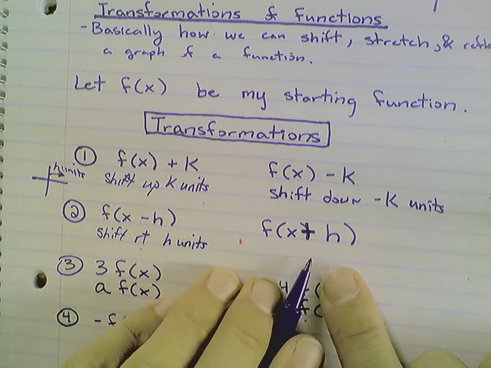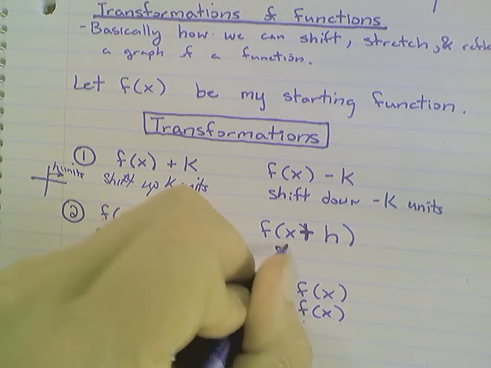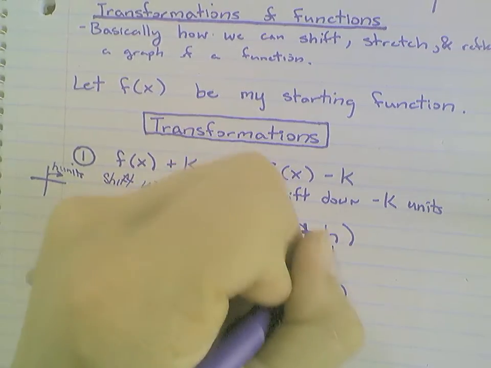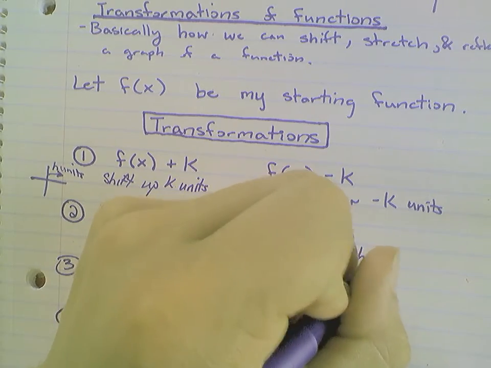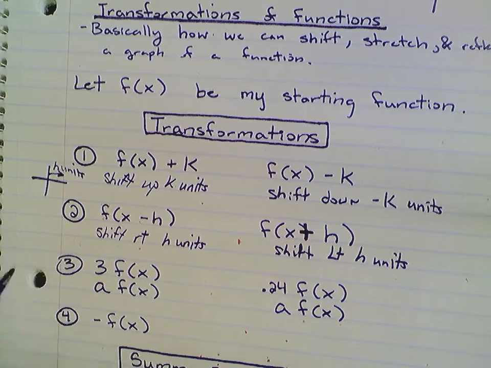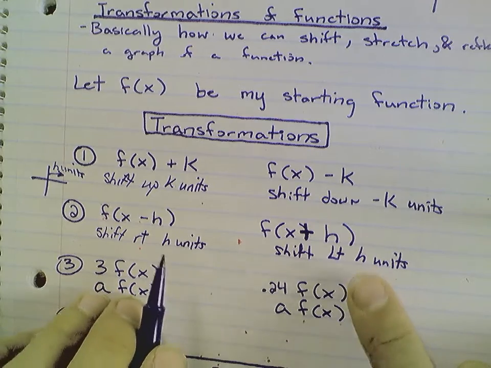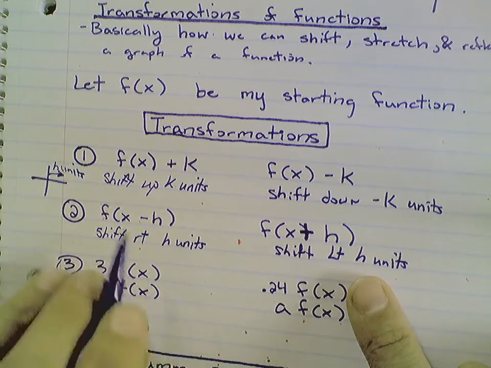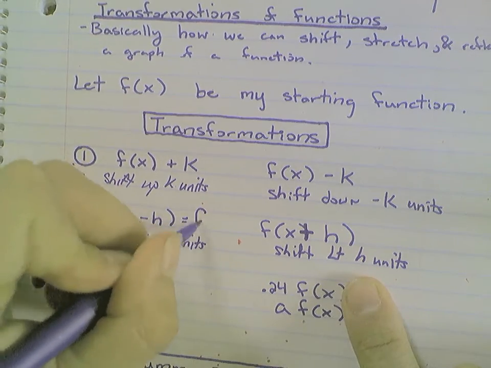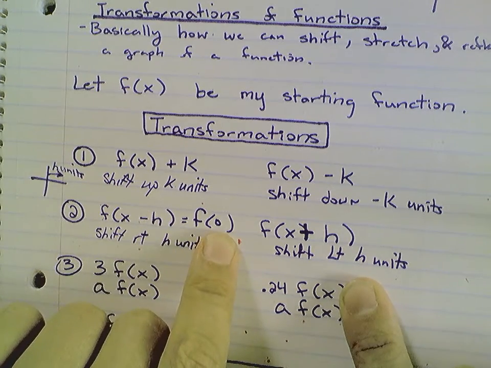And then just like that, if I add h units, that's actually going to shift me left h units. That's going to be backwards as well. And the reason why that's occurring, for those of you interested in understanding why we're getting the opposite directions, has to do with when the function on the inside is equal to 0.